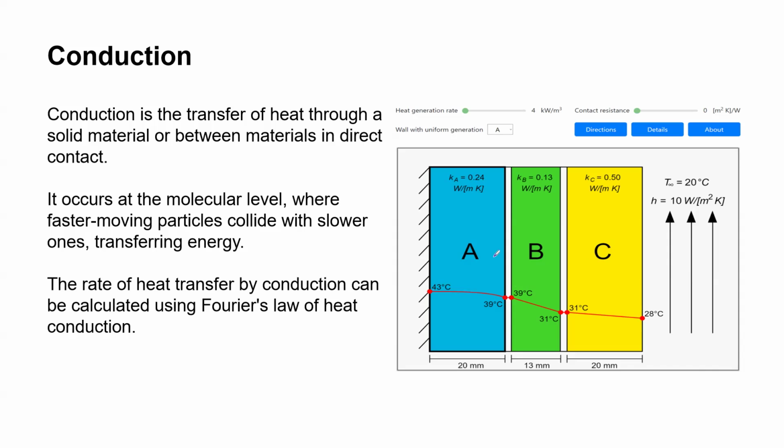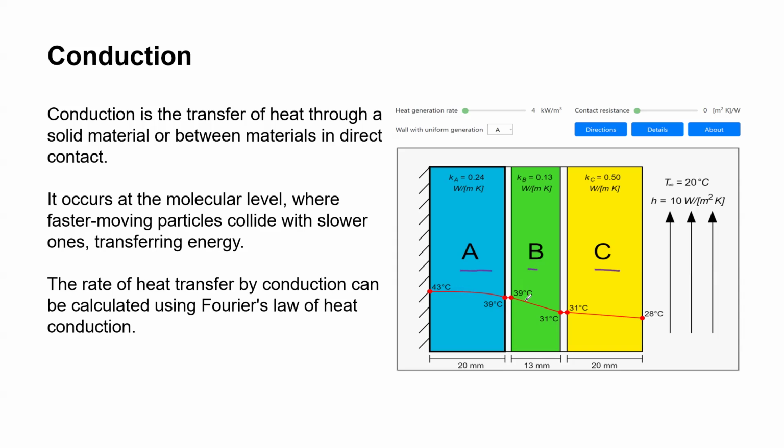Like for example, let's look at this. These are actually three different materials in sequence, A, B and C. You can see clearly here the temperature in the first material is 46 degrees centigrade. And this heat is moving from object A to object B, where the temperature reduces to 43 degrees centigrade, and then to C at 39 degrees centigrade.